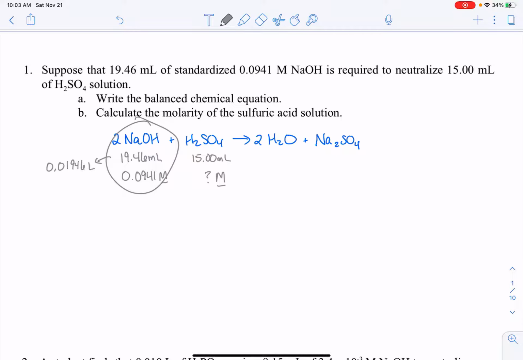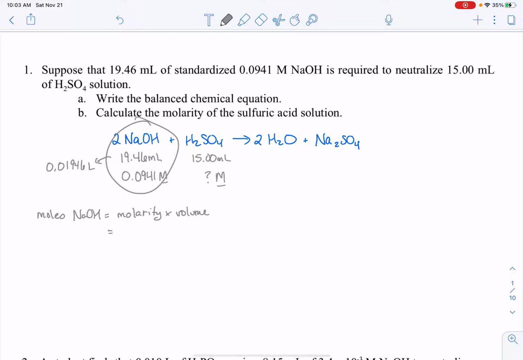All right, so I'm actually going to use those two, and I'm using a rearranged version of an equation that is on the reference packet. So I'm going to do moles of NaOH is equal to the molarity times the volume. On your reference packet, you have molarity is equal to moles divided by volume.